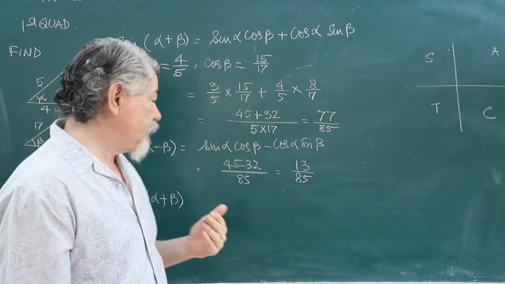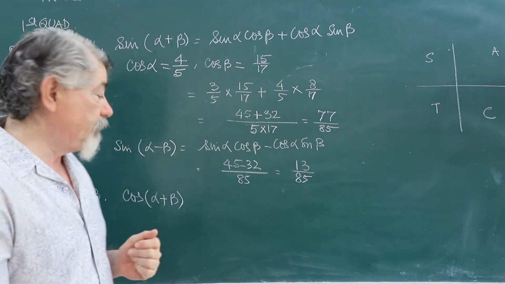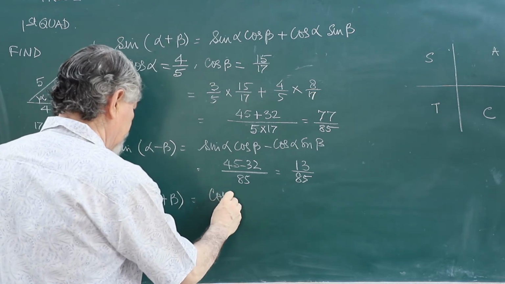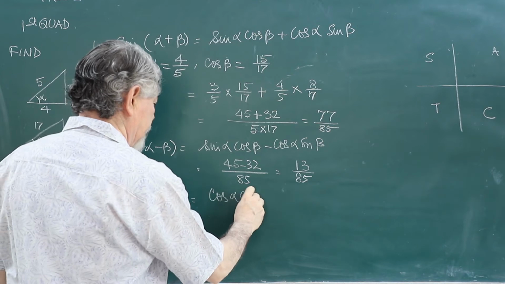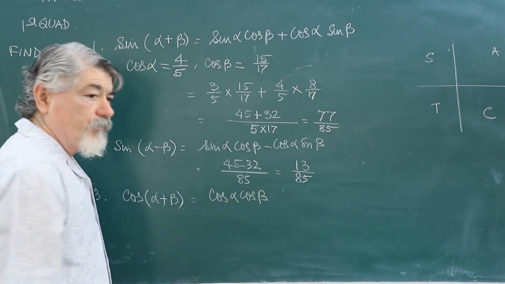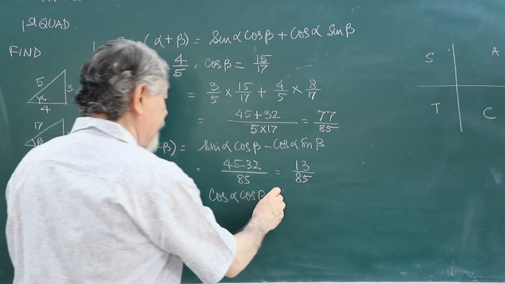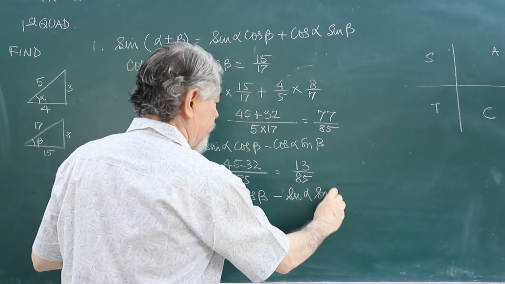But when we are talking of cos(alpha plus beta), we get cos A cos B minus sin A sin B. Both the terms of cos you will get: cos alpha cos beta, and minus sin alpha sin beta.